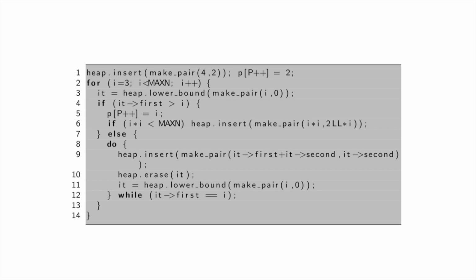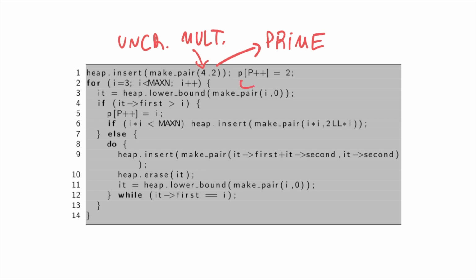The implementation can be done efficiently using a heap. In this heap, we will keep the first uncrossed multiple of each prime we found. We will also have, like in the naive algorithm, the stack of primes.